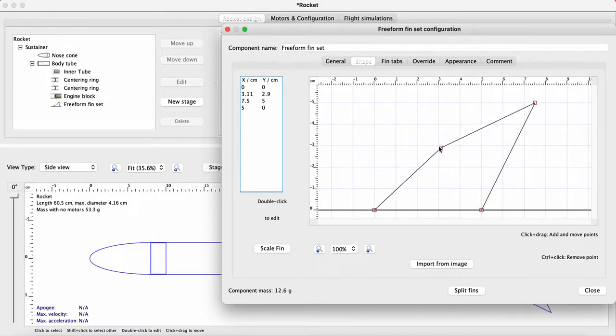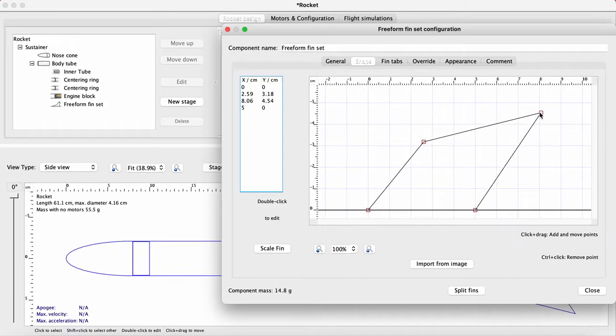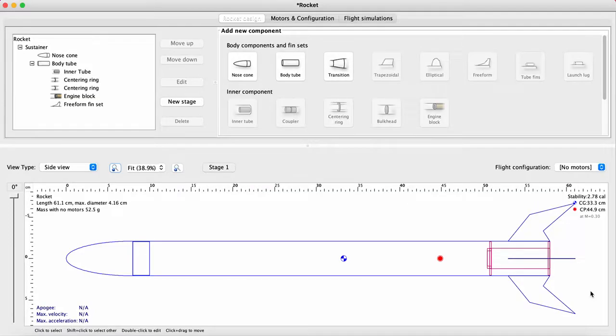And make exactly whatever shape we want. And so, all right. So that's kind of cool. And so I can double click, I can add another thing here. So let's say I do something funky and make four fins like this, okay? So I'm gonna click close, and now check this out. I have these 4 fins attached to my rocket. This is really coming together.